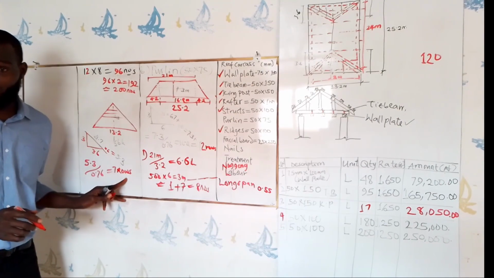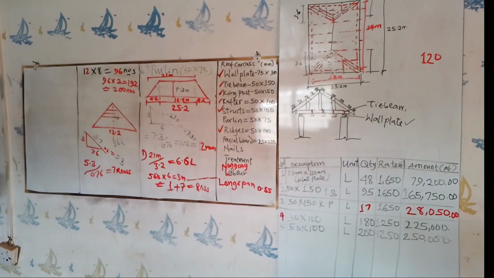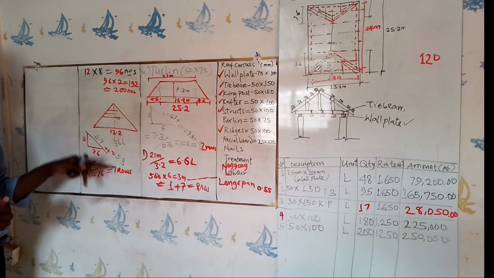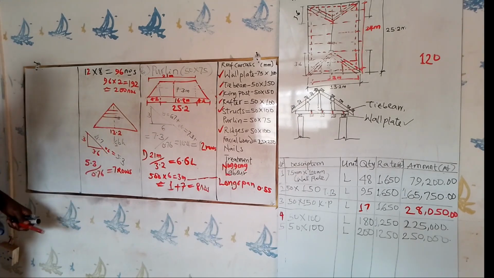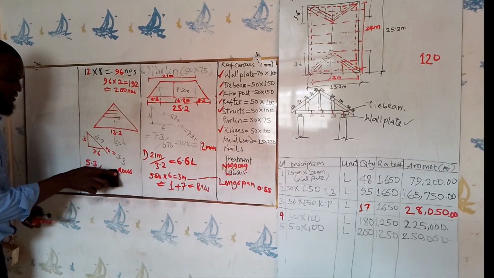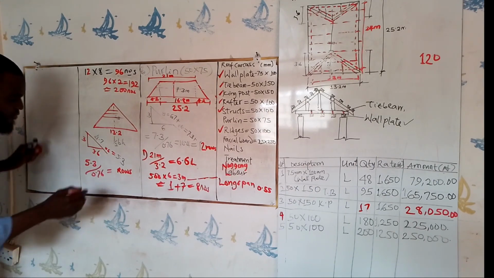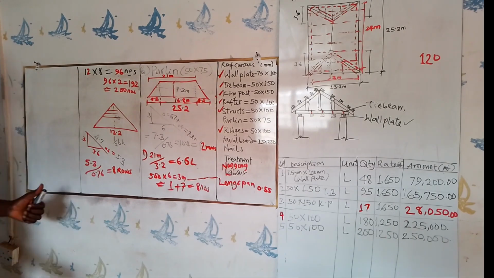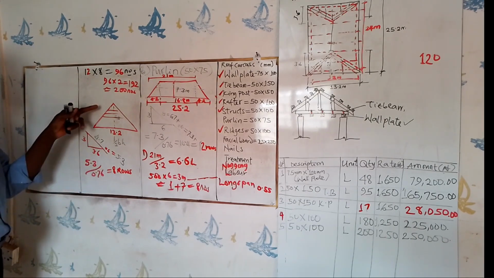This one of the rows. Now, I know that we need 7 plus 1, 8. I don't want to repeat the mistake. 8.